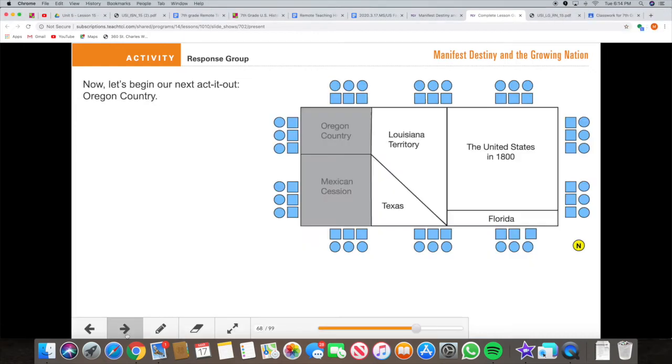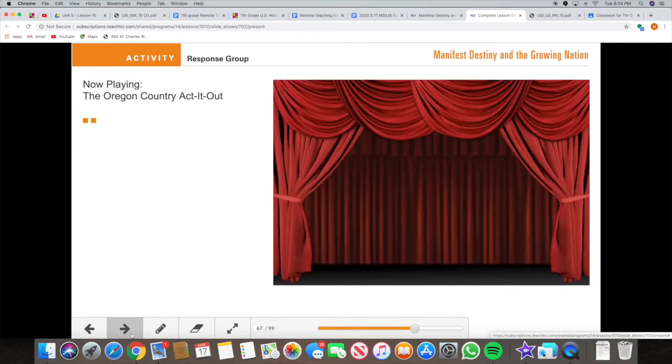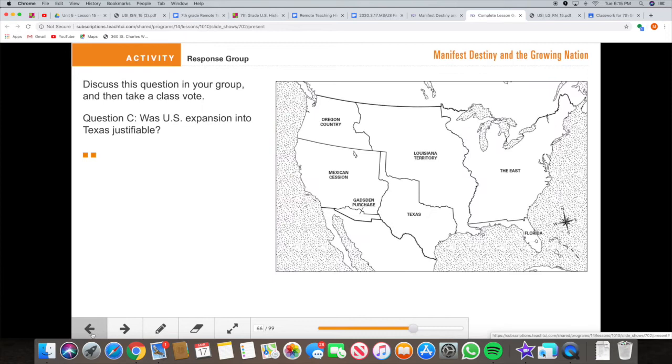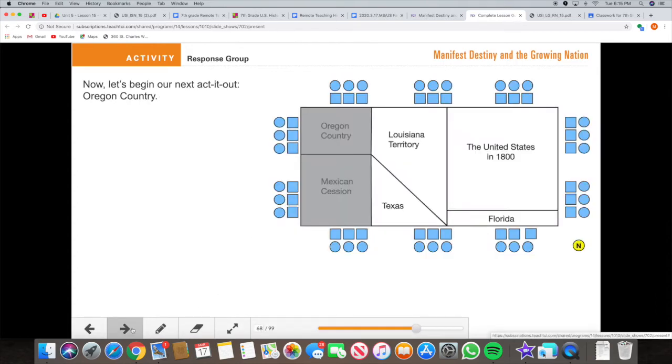Okay, so let's go to our interactive notebook. You should already have 1, 2, 3 pictures already done. So we're adding Oregon country as our next title, or just Oregon. And then as always, we are creating the same picture.